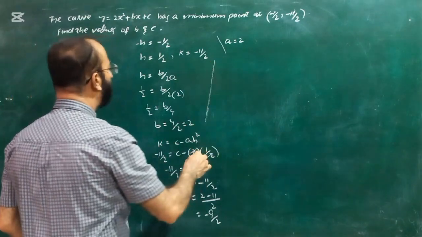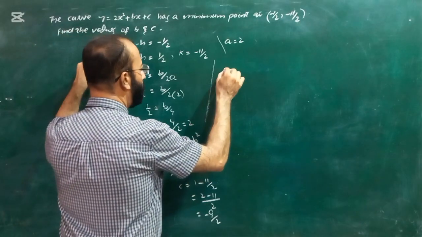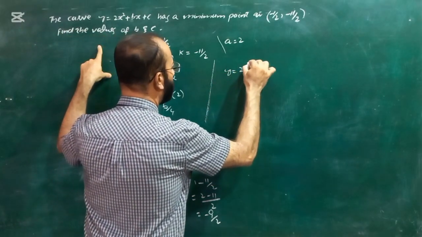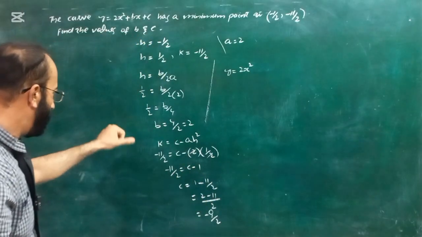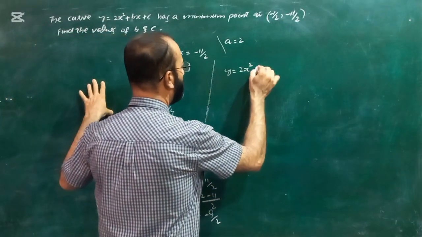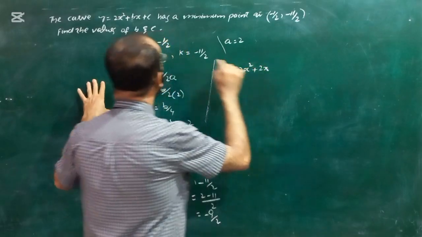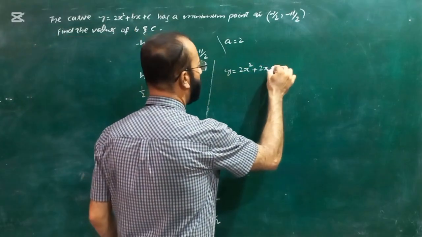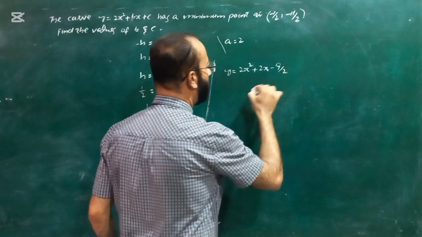It means the equation will become y is equal to 2x square, b is 2, so plus 2x, and c is minus 9 by 2. So this is the equation.